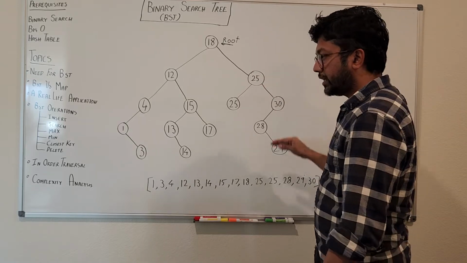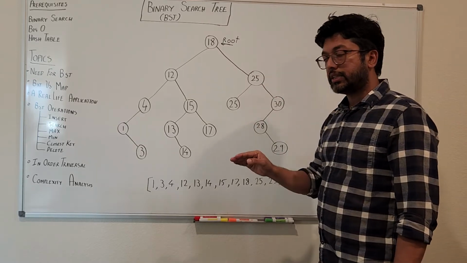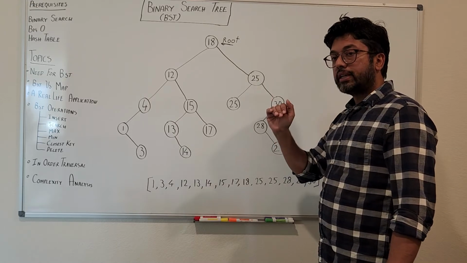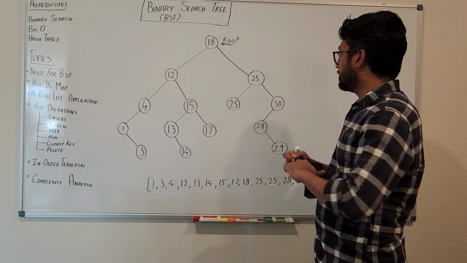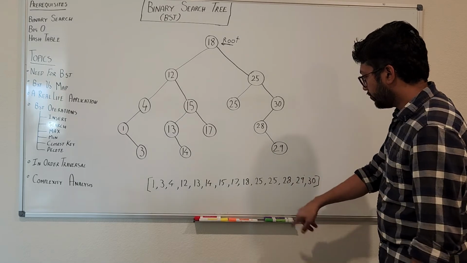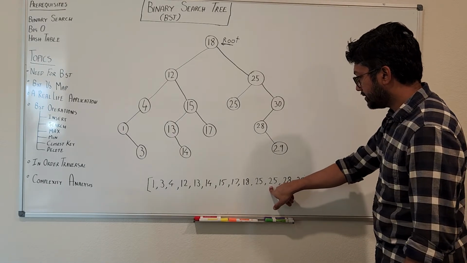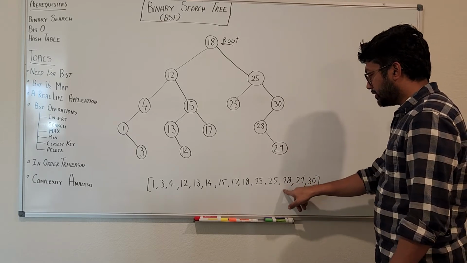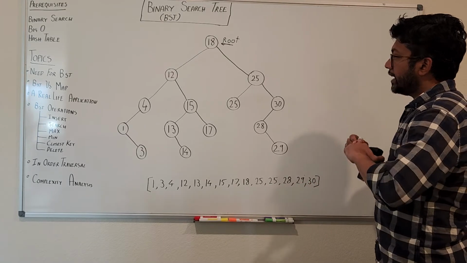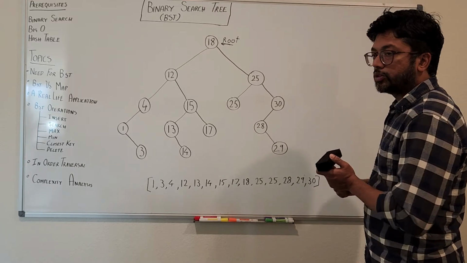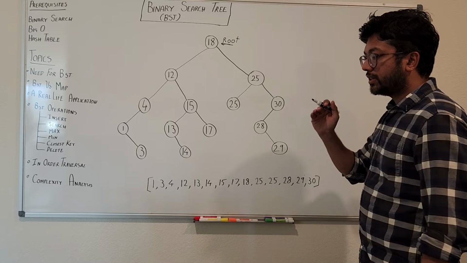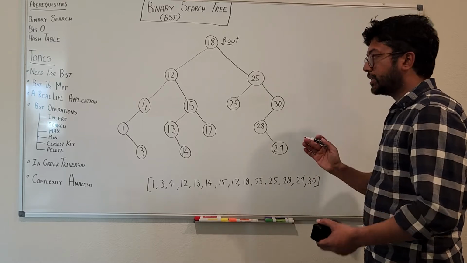When you search for that number, if it does not exist, you will encounter the biggest key smaller than it and the smallest key bigger than it. So the biggest key smaller than 27 is 25, and the smallest key bigger than 27 is 28. You just have to keep track of those two items. So search for 27 pretending it exists and keep track of the item just smaller than 27 and just bigger than 27.